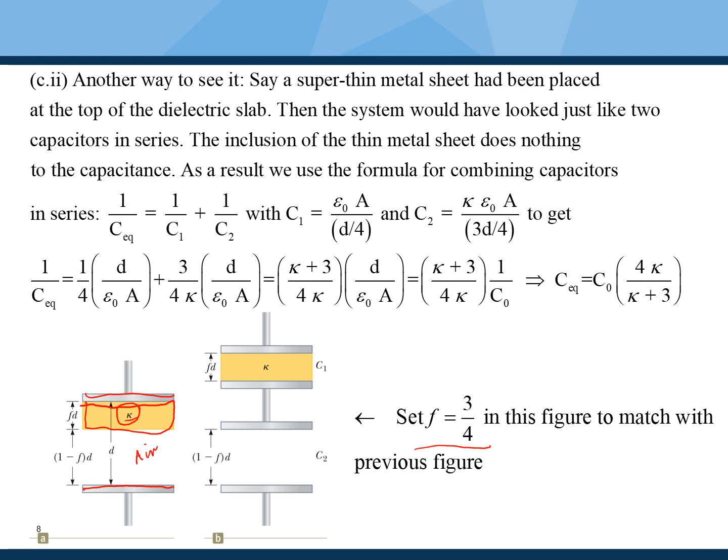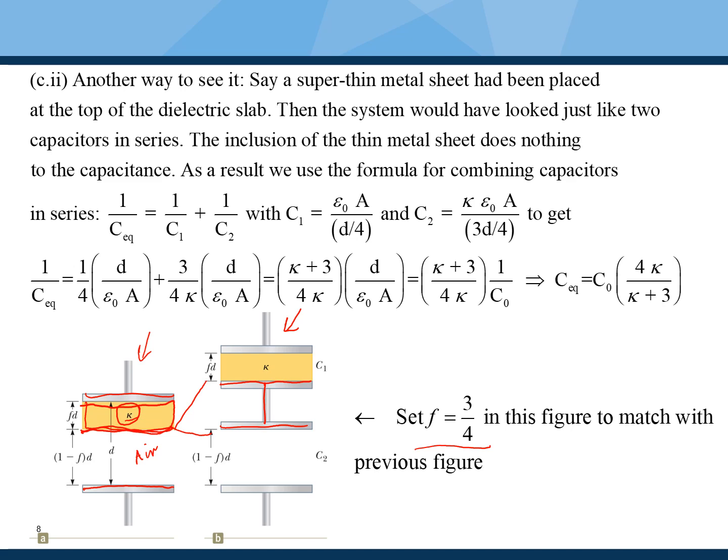We now realize that if we slip in a thin metallic sheet out here and then amplify that metallic sheet so that it looks like two plates that are connected with a wire, we have essentially turned the configuration shown on the left into a pair of capacitors, each of which has a certain capacitance that is easy to evaluate.